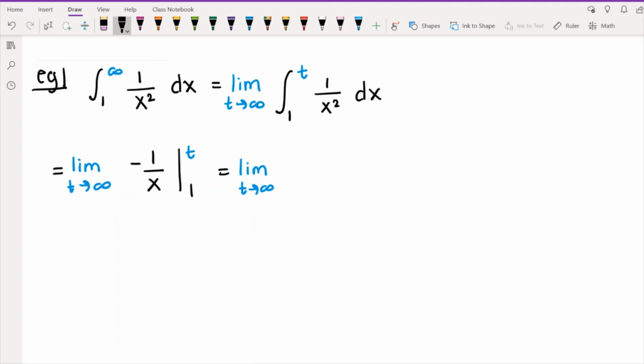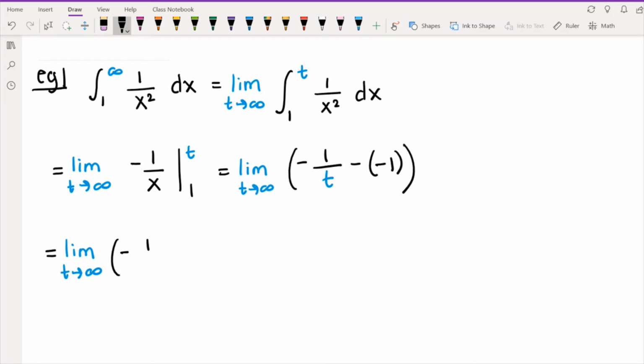Now we want to actually plug in t. So we're going to get negative 1 over t minus negative 1. And so that's going to give us the limit as t approaches infinity of negative 1 over t plus 1.